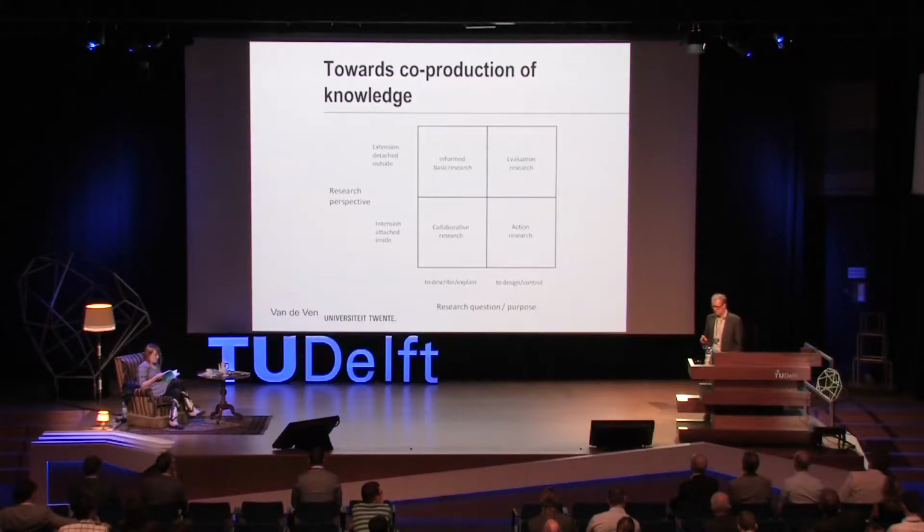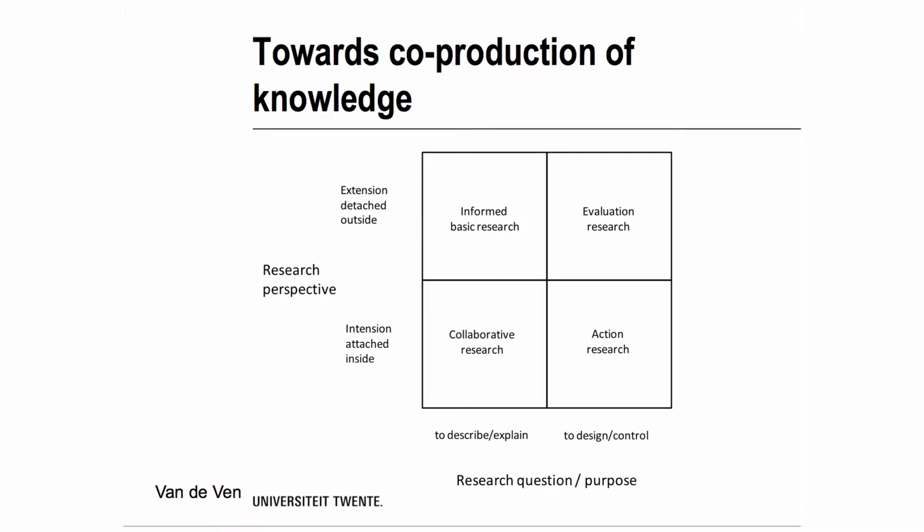And just 2 stories. If you look at engaged scholarship, this is from a guy who's called Van de Ven. He has Dutch origins, but he's nowadays an American. He works at different universities in America. But when you look at where we started with most of our research, it's informed.